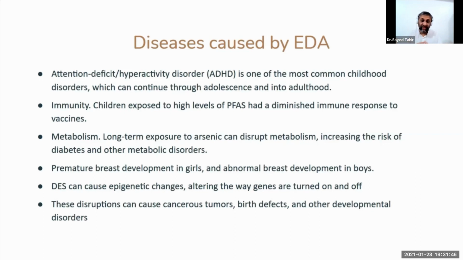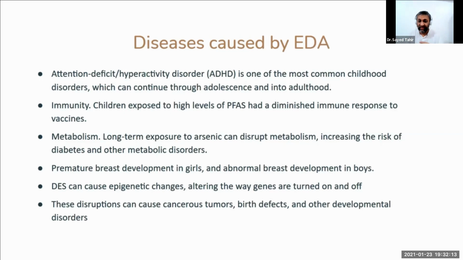DES, or diethylstilbestrol, causes epigenetic changes, altering the way genes are turned on and off. That's what I told. The identity for the child to become a male or female is lost. You see, all these issues were there between 1945 and 1971. All those people who were given DES, they all had these effects.